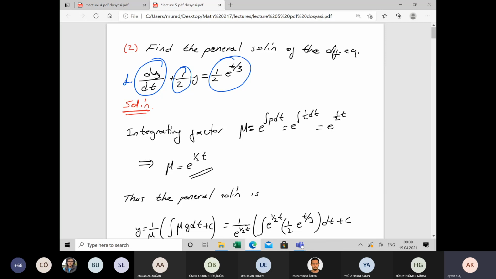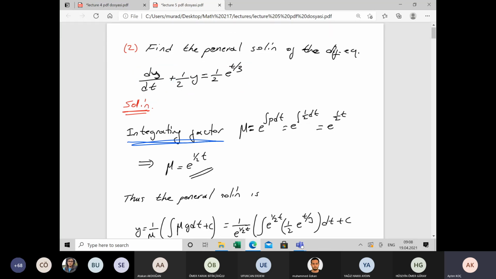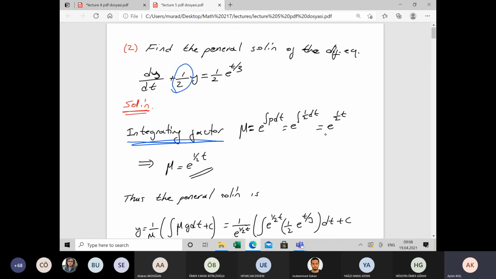So yes, we can use the integrating factor mu. Mu is e to the integral of p dt. And also this one is in standard form because the coefficient of y prime is 1. What's the p of t? P of t is 1 over 2, the integral of 1 over 2 dt, and we obtain 1 over 2 t. So mu is this one.